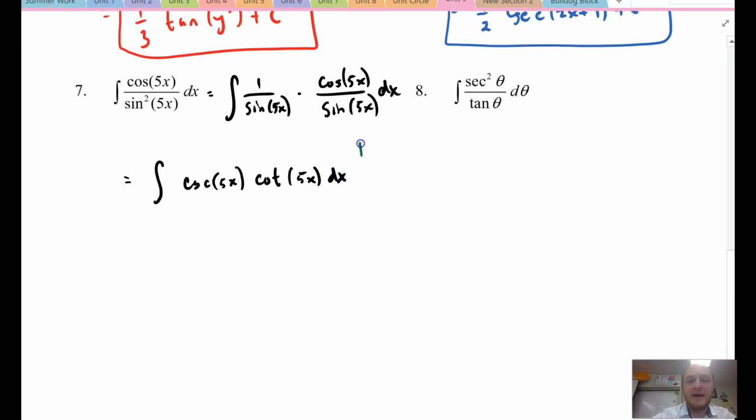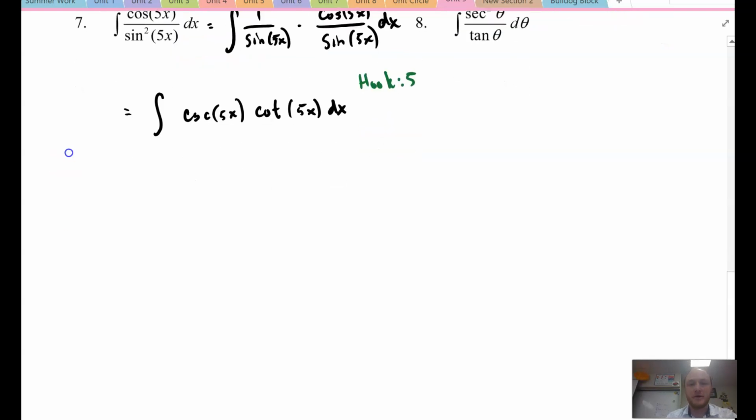Okay, so I do have a hook of 5. So I'm going to go ahead and introduce that. Okay, so the integral of cosecant 5x, cotangent 5x times 5 dx, and I'm going to have to balance it with a 1/5. Okay, and how do I get cosecant cotangent? Well, that is the derivative of cosecant.